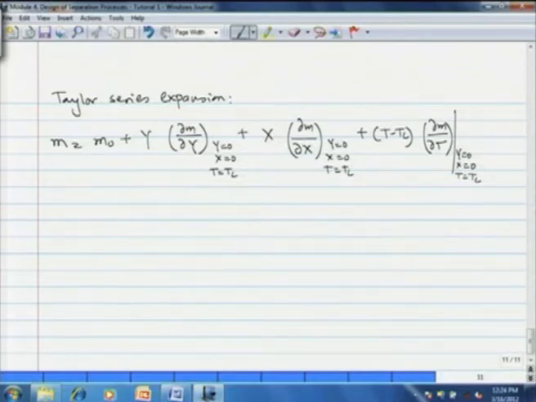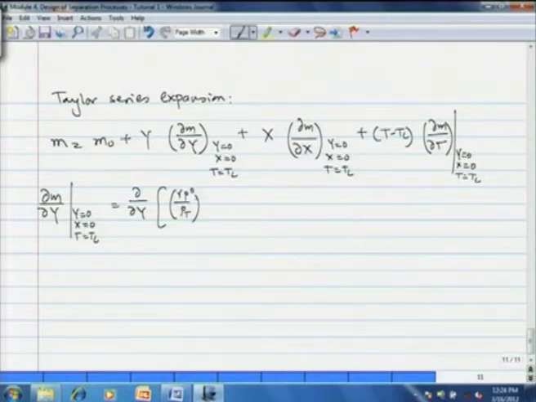And now evaluate the partial differentials of m that appear in this expansion. First, dou m by dou y at y equal to 0, x equal to 0, t equal to TL is equal to dou by dou capital Y of gamma p naught by Pt into 1 plus y divided by 1 plus x.